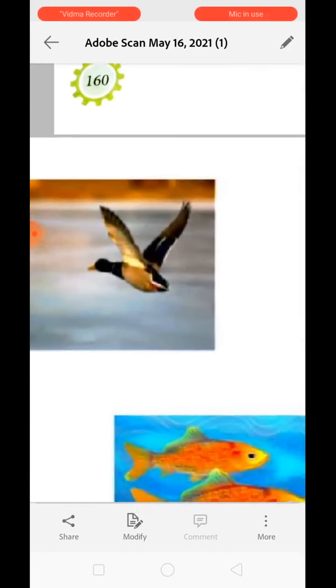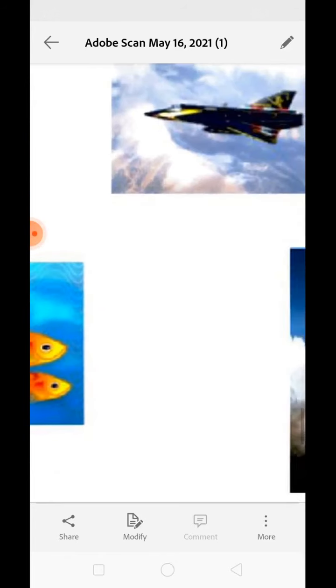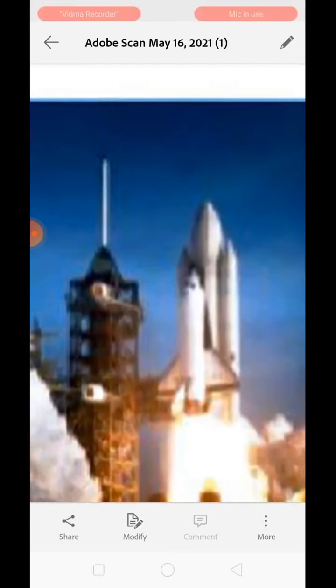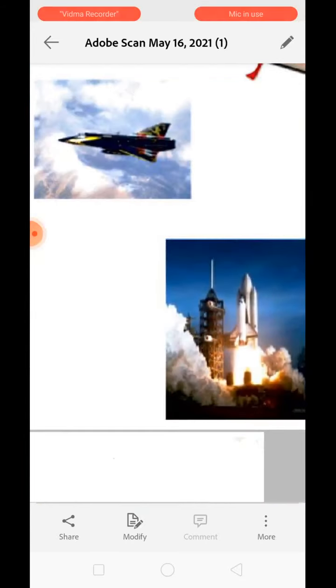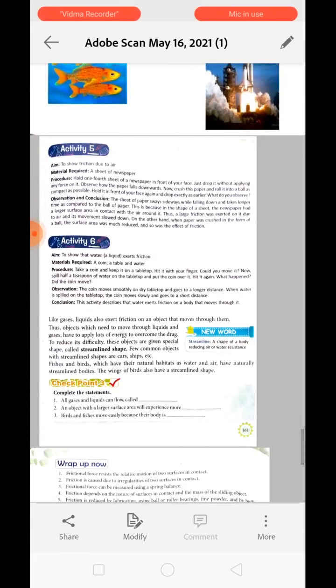See over here, this bird has a streamline shape. This fish also has a streamline shape. This jet fighter plane also has a streamline shape, and this rocket too. Whenever we see an object smoothly moving through a fluid, it should have a streamline shape.